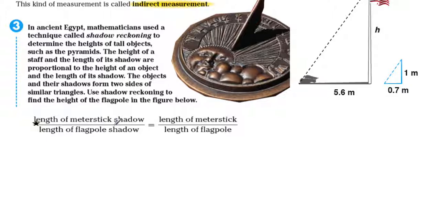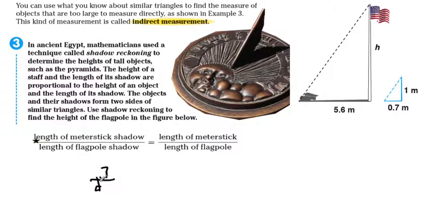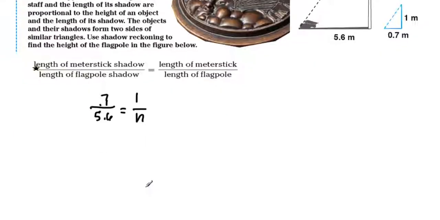The length of the meter stick shadow is 0.7, and the length of the flagpole shadow is 5.6. That is equal to the length of the meter stick, which is 1 meter, over the length of the flagpole, which we want to find out, which is h.